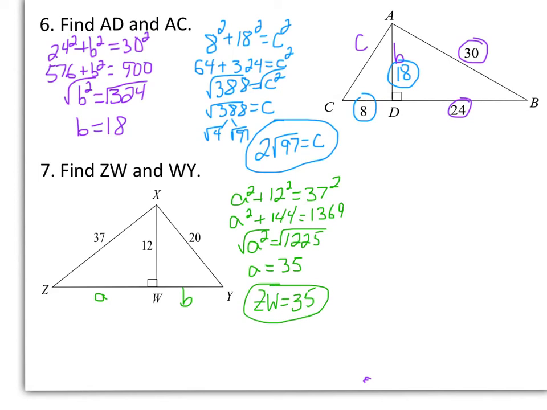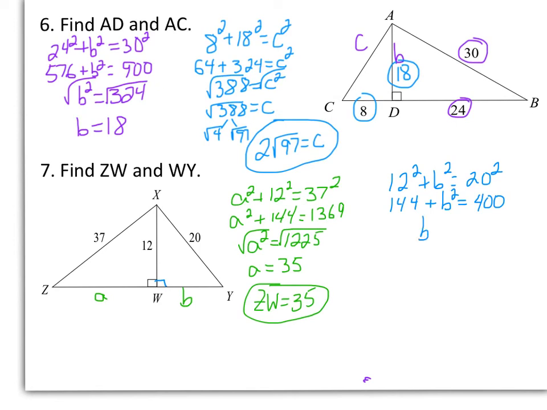And then let's find the length of WY. So that's in our triangle on the right. So we can say 12 squared plus B squared equals 20 squared. 144 plus B squared equals 400.